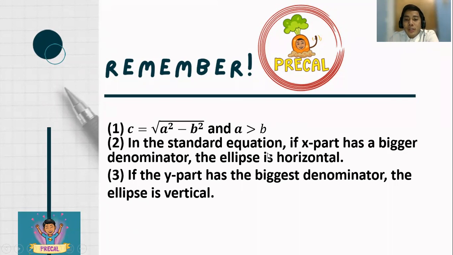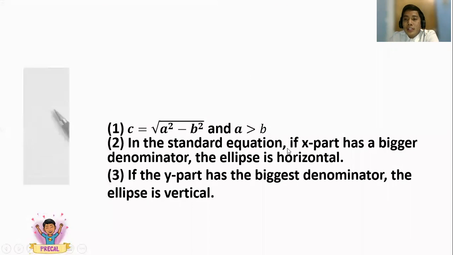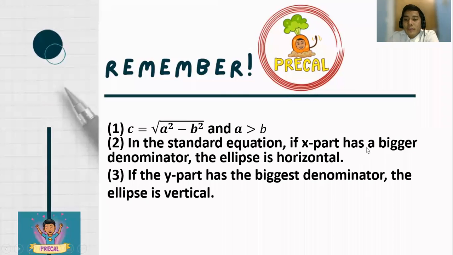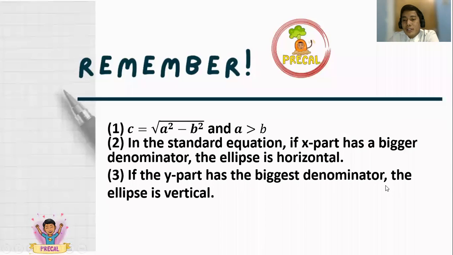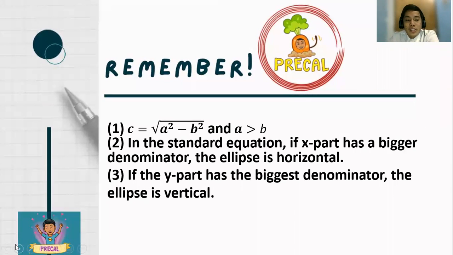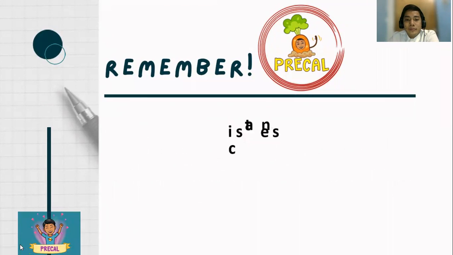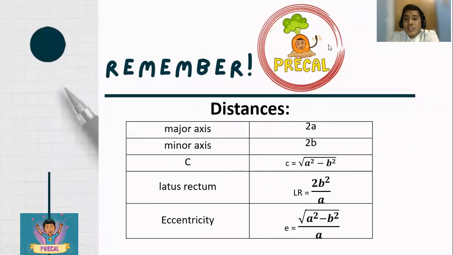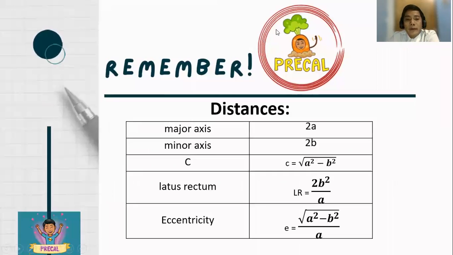So in the standard equation of an ellipse centered at 0, 0, if the x part has a bigger denominator, the ellipse will be horizontal. And if the y part has a bigger denominator, the ellipse is vertical. For the distances, we have the major axis is 2a, the minor axis is 2b. Do not forget that. Focus to focus is 2c, and the c distance can be computed like that.